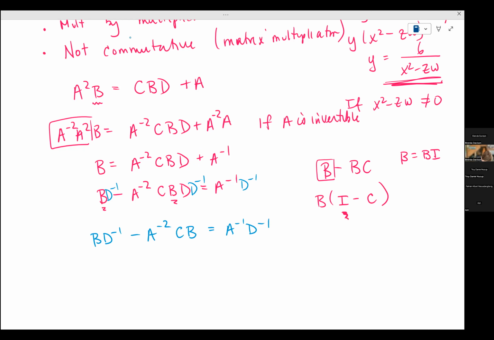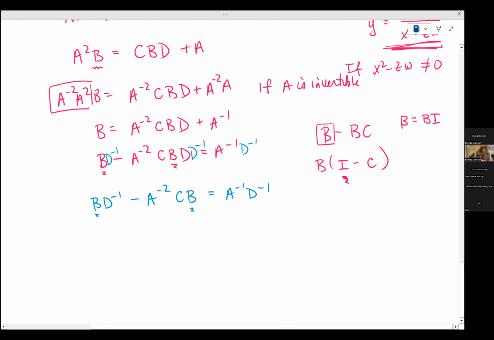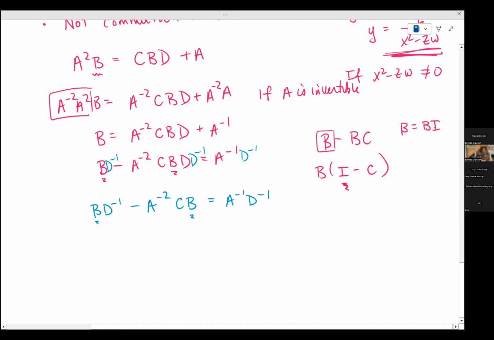I still need to get the b in the same location so that I can factor it out. Let's see how I can do that. I may have made an example that's hard to do.